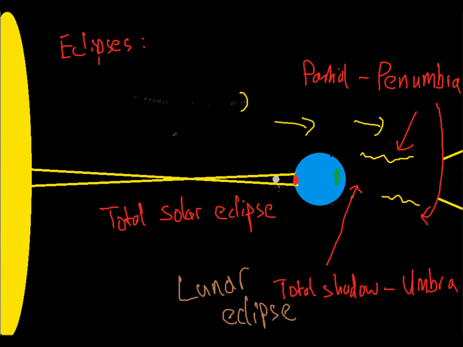to see the sun. Now again, the moon will have a region of umbra. This is in the middle. We can call this the umbra.